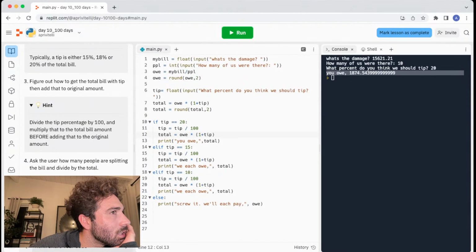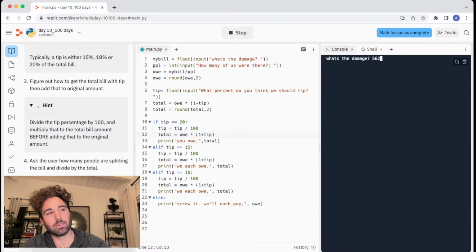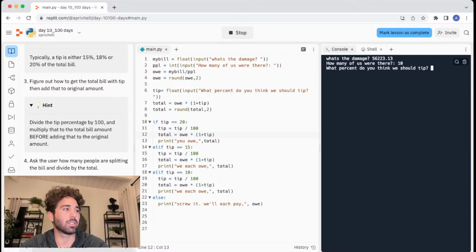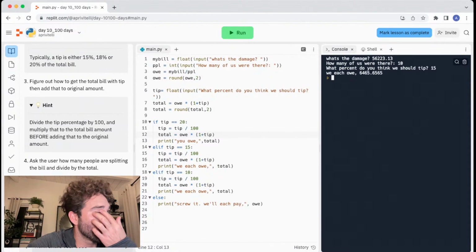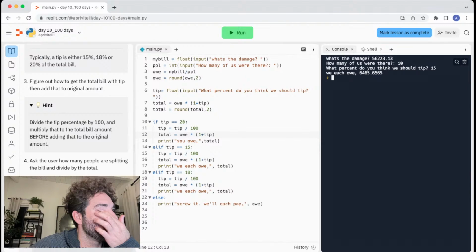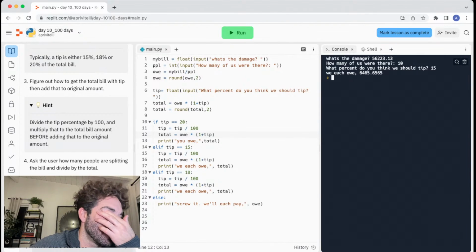Let's try. 6223.13 times 1.15 divided by 10. 6465.65. Oh.